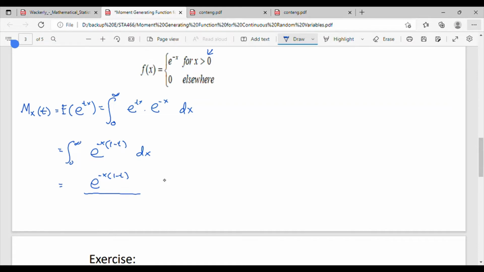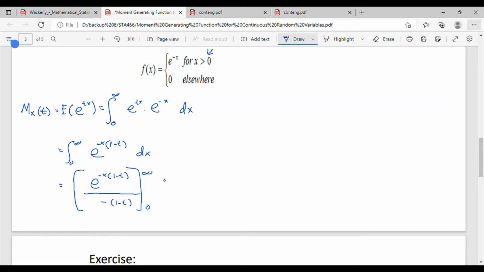Maksudnya kena differentiate terhadap x lah, so it will be negative 1 minus t. Kan, differentiate negative x ni, 1 minus t will be constant, so it will be negative 1 multiply dengan 1 minus t, from 0 to infinity.